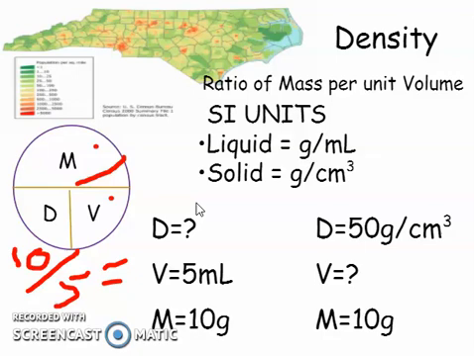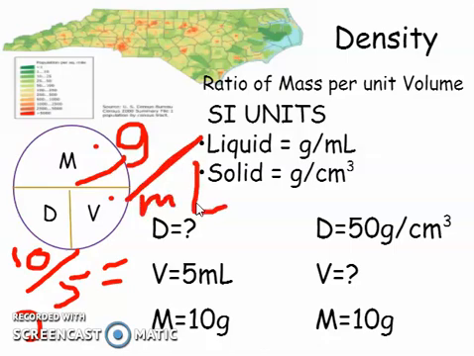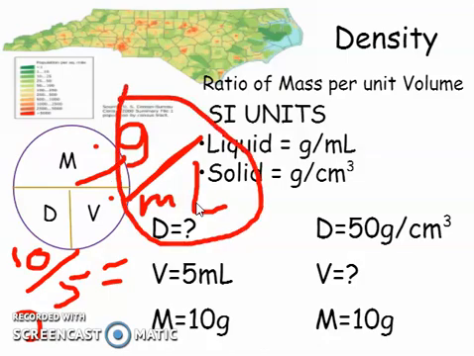Okay, since mass is up top, that's where grams are, over my volume, mL. So the answer to this is 2, and then don't forget you must have your units. Grams per milliliter. 2 grams per milliliter is the density.